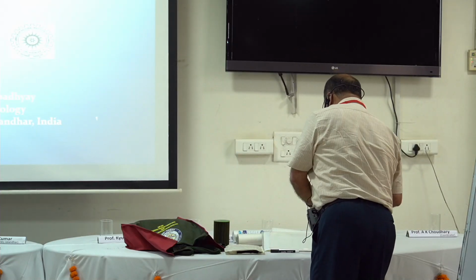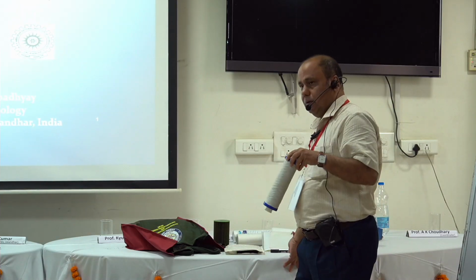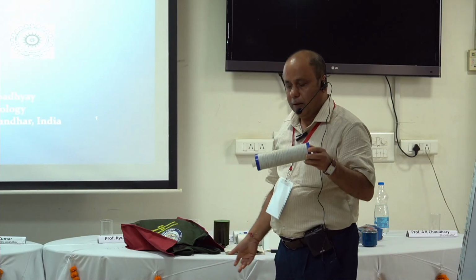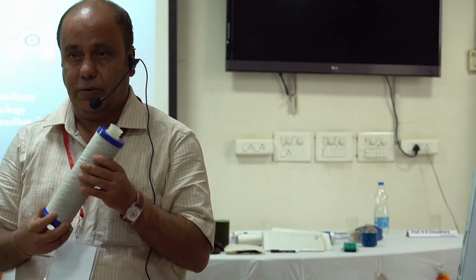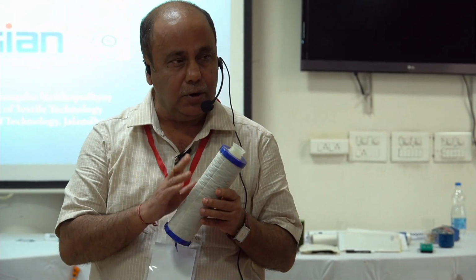Now the other type of filter media I would like to show is, for example, for drinking water. We can have this sort of media. Here you can also have activated carbon inside, so it can have multiple functions. It is not only arresting the particulate matter, but it can also remove some of the contaminants.